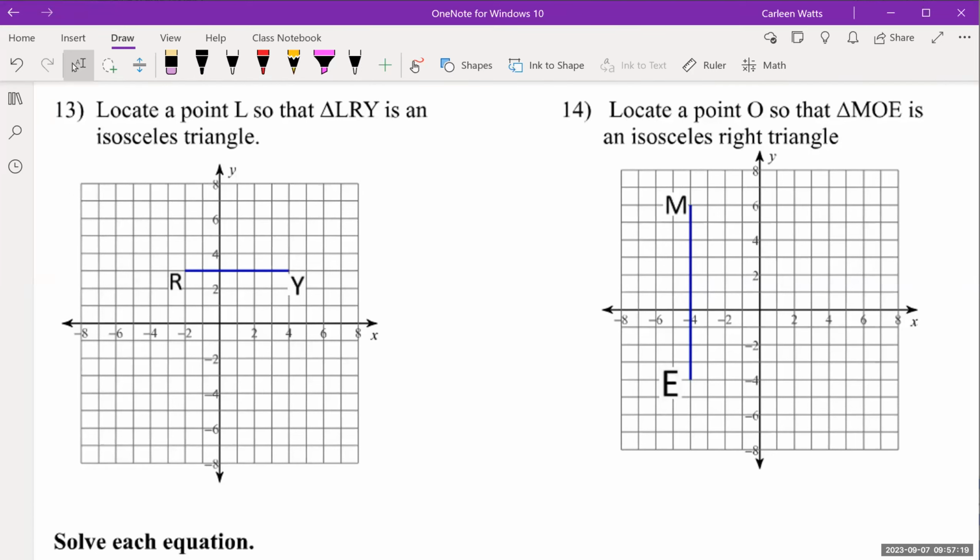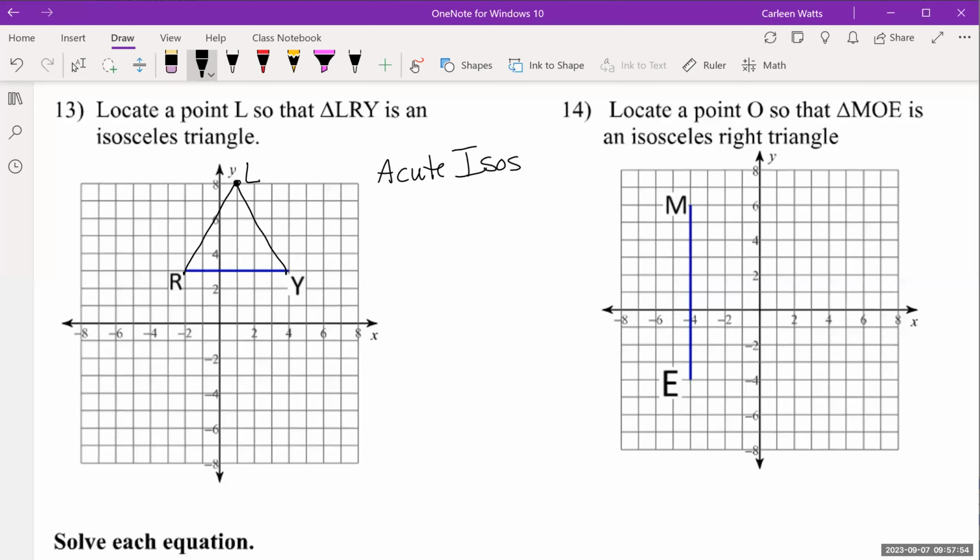Okay, one way is let's make this acute isosceles. So let's go 1, 2, 3, 4, 5, 6. 1, 2, 3. Let's go up here. So if I find that middle line and put L right there, that is acute isosceles. Almost looks equilateral.